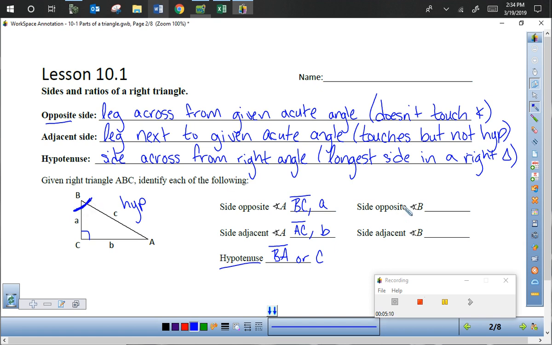And the opposite side, directly across from it, doesn't touch the angle. That's AC. Again, you can call it CA if you want. Order doesn't matter on that. Or little b. Then the adjacent side is the side that touches right on that angle, but not the hypotenuse. And that's BC, or little a.